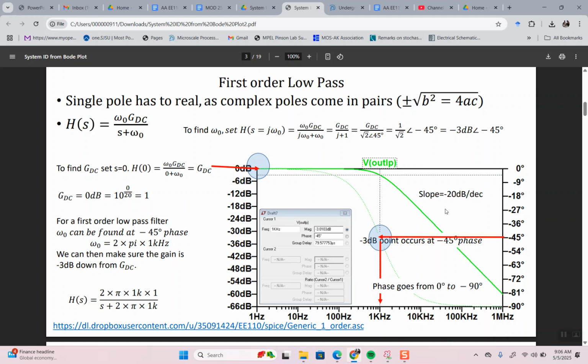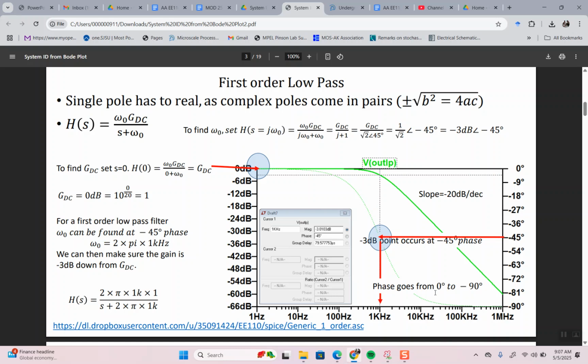All right. So you would have to take a decade and extract; if you go a decade and it goes down by 20 dB, well, then it's first order.